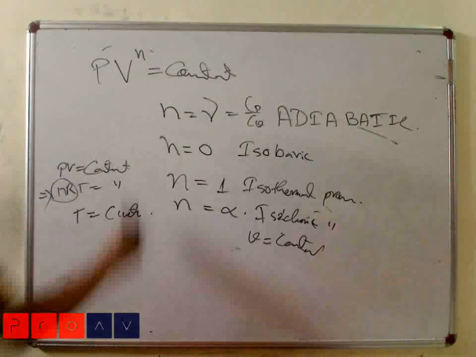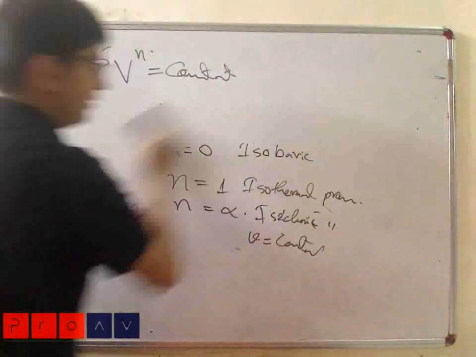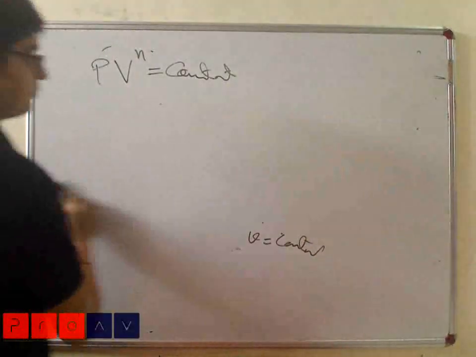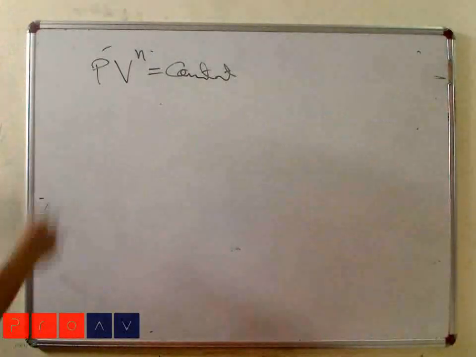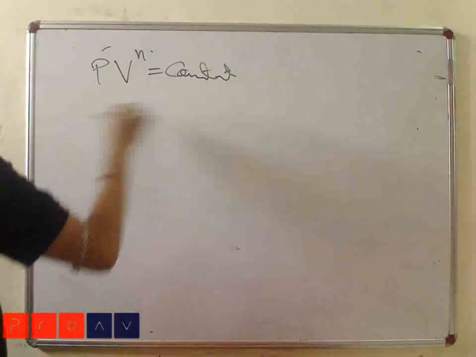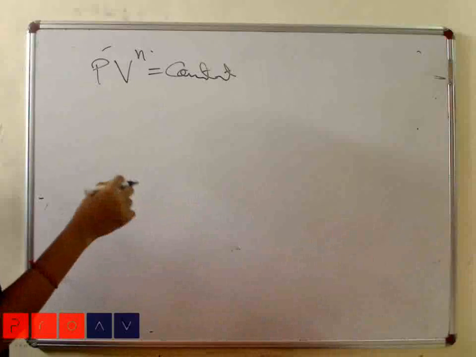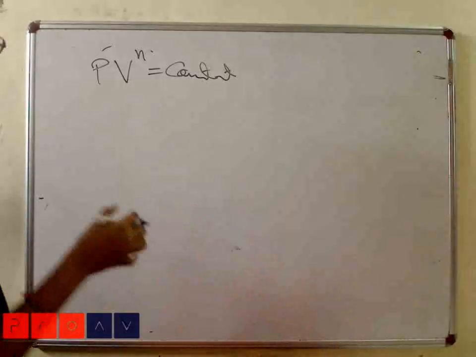Then for the generalized case, this process is known as polytropic process, when n is another number which is not equal to gamma, not equal to 0, not equal to 1.